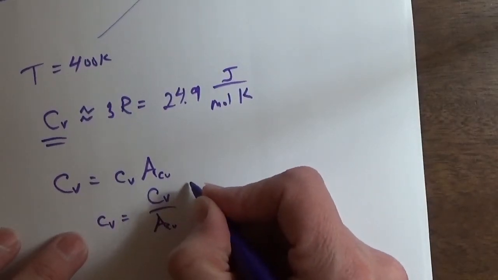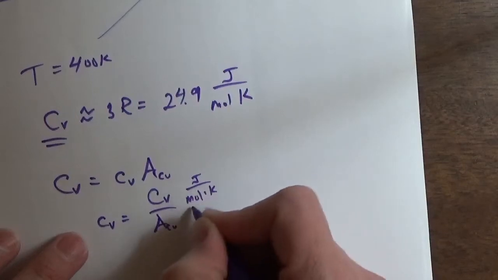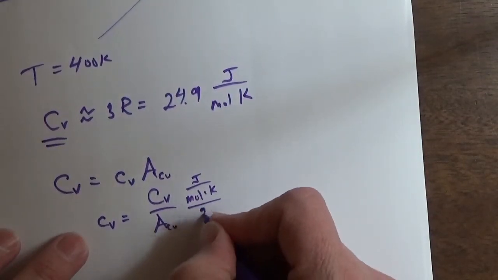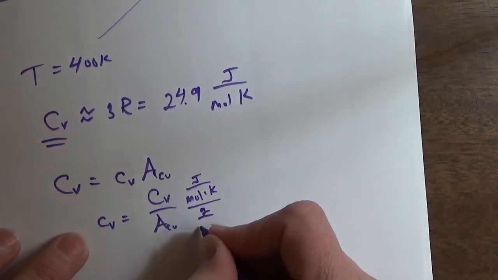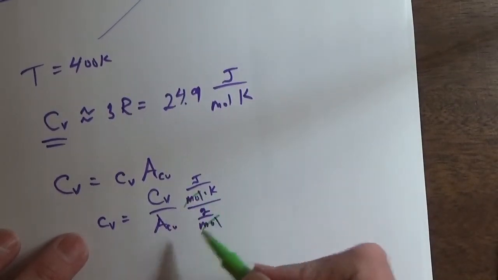So this is going to be joule per mole K divided by gram per mole. So the moles will cancel out.